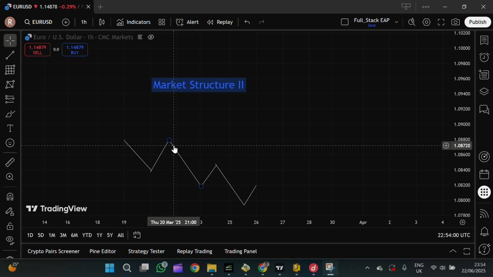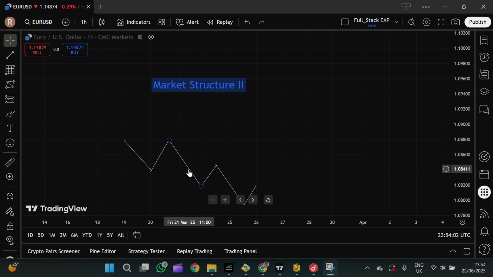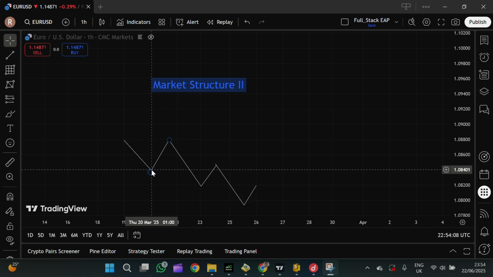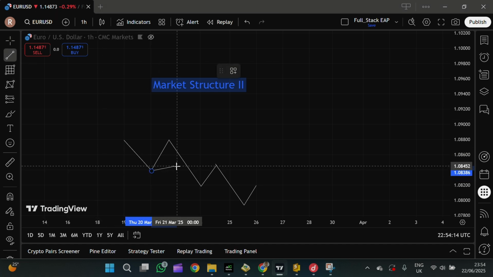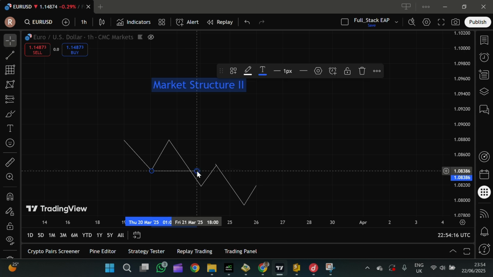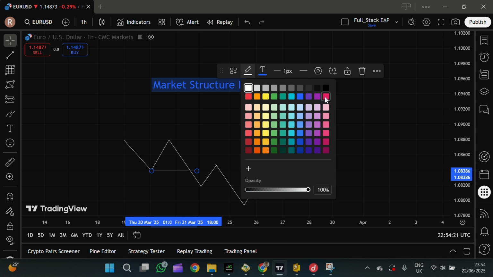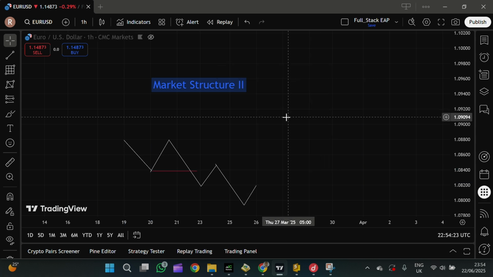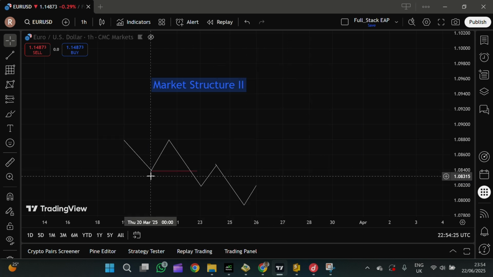So it now moved and broke this particular structure here, breaking the previous low, all right. So let's draw something like this, okay, breaking the previous low. Let's give it this color, right? So that's what happened here, and then it gave you a new low, all right?